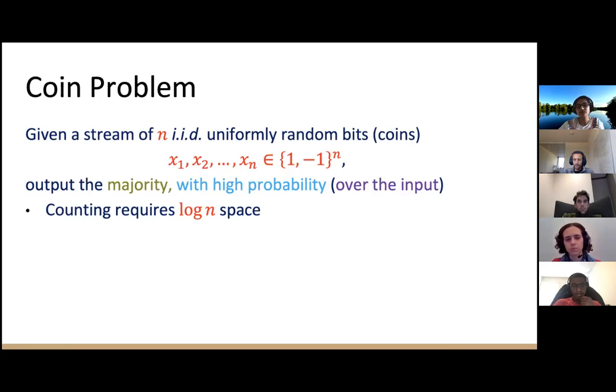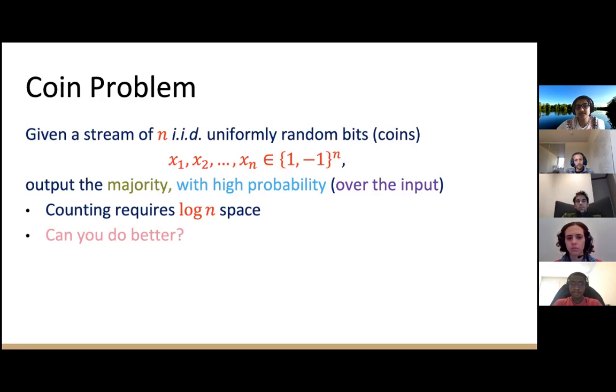And at the end, looking at the count, it just sees if the count is greater than 0 or less than 0, and can compute the majority looking at that. Now the question is, can you do better in terms of the space required to compute majority when you only need to be correct with high probability, let's say with probability 0.999 over the input distribution, which is the uniform distribution?